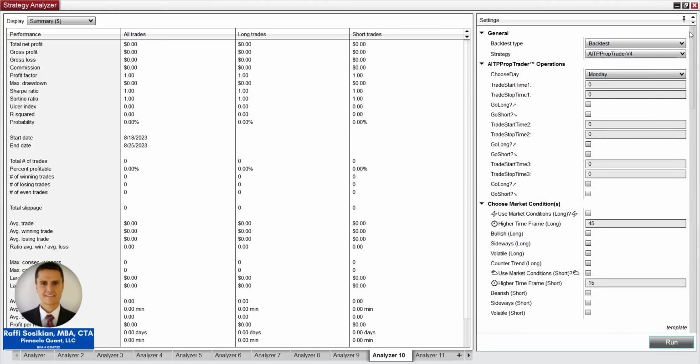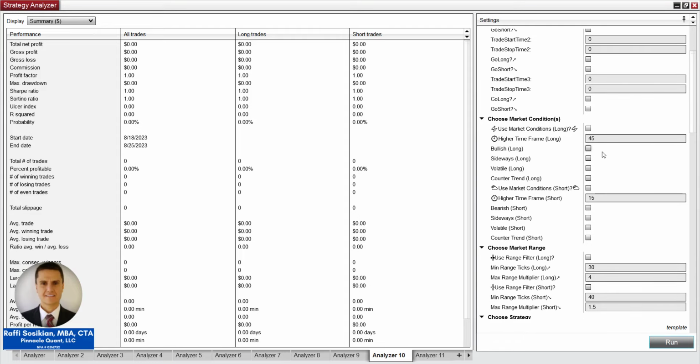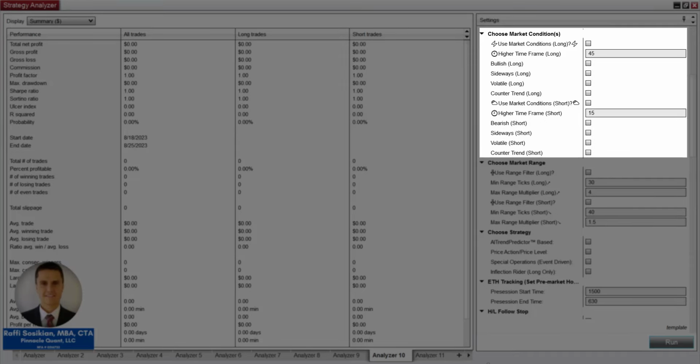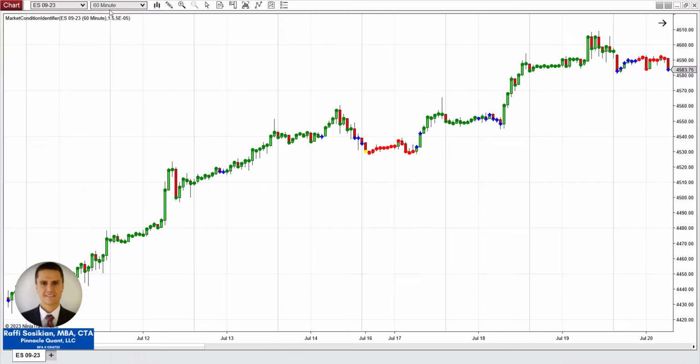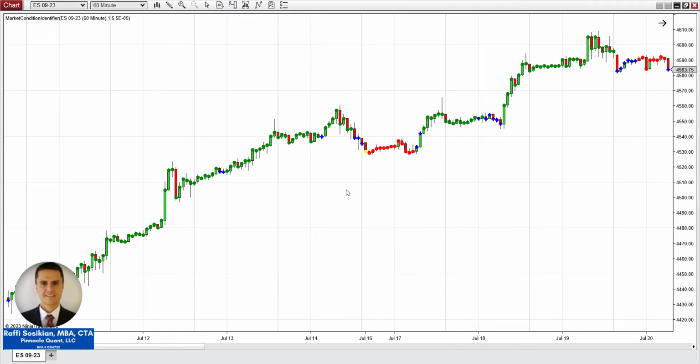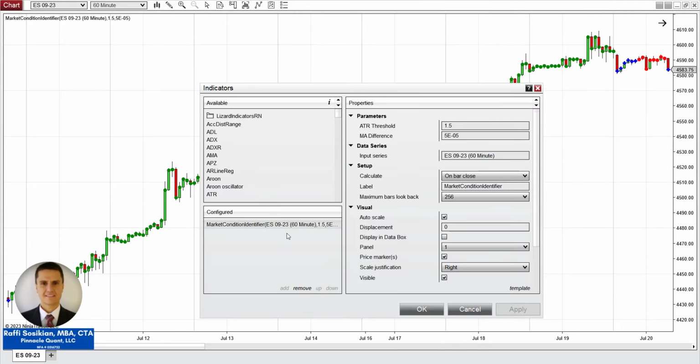While those backtests run, let me break down the 2 new features in AITPPropTrader version 4. For choose market conditions, it is essentially based on a custom add-on indicator that I built, which I'm calling Market Condition Identifier. The algorithm for this add-on indicator is based on the slope, linear regression, ATR, Bollinger Bands, moving averages, and of course, standard deviation.